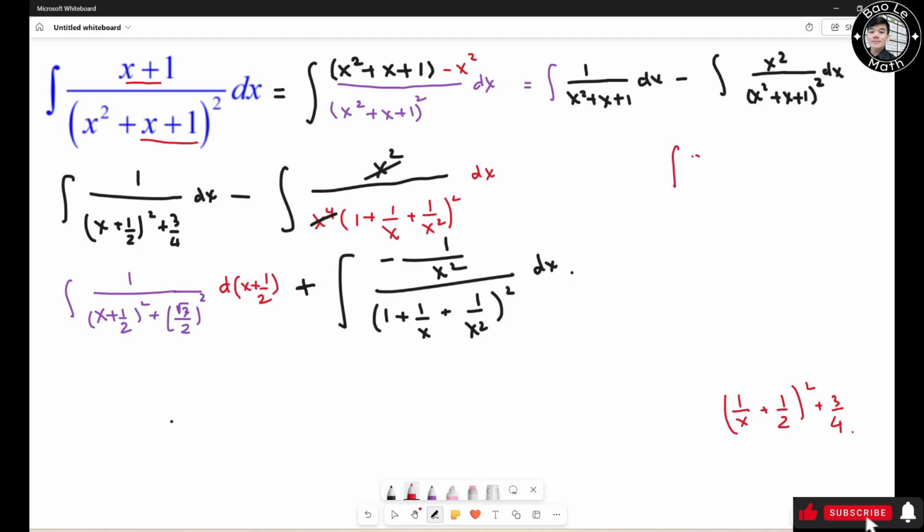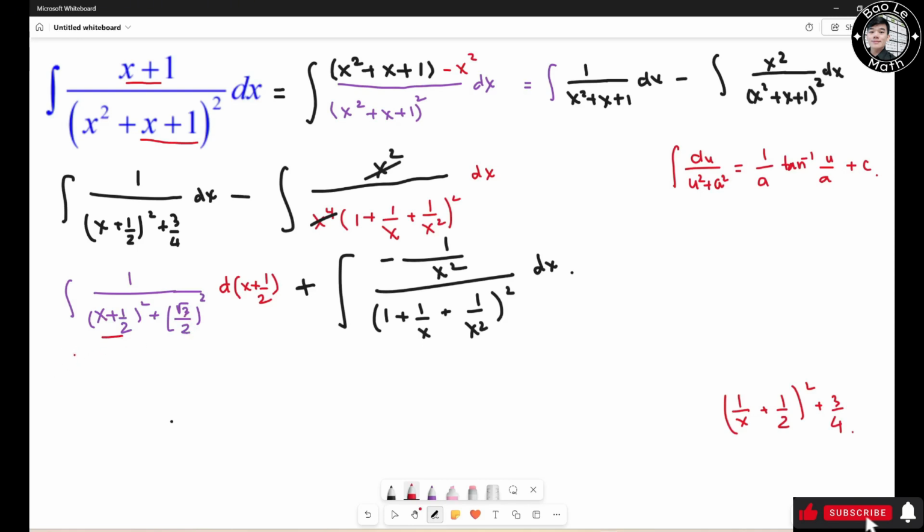The integral of du over u squared plus a squared equals 1 over a tangent inverse of u over a plus c. In this situation, u is s plus 1 half, and a is root 3 over 2.